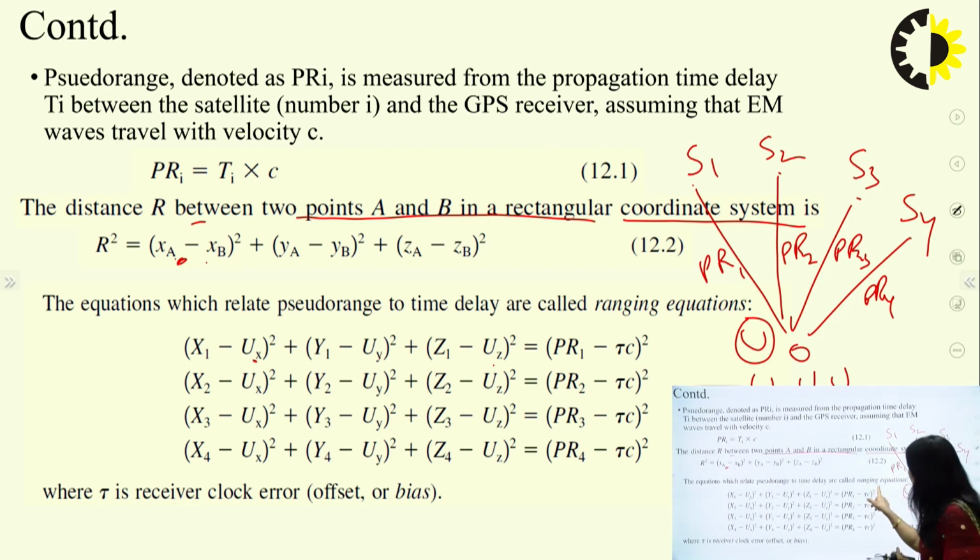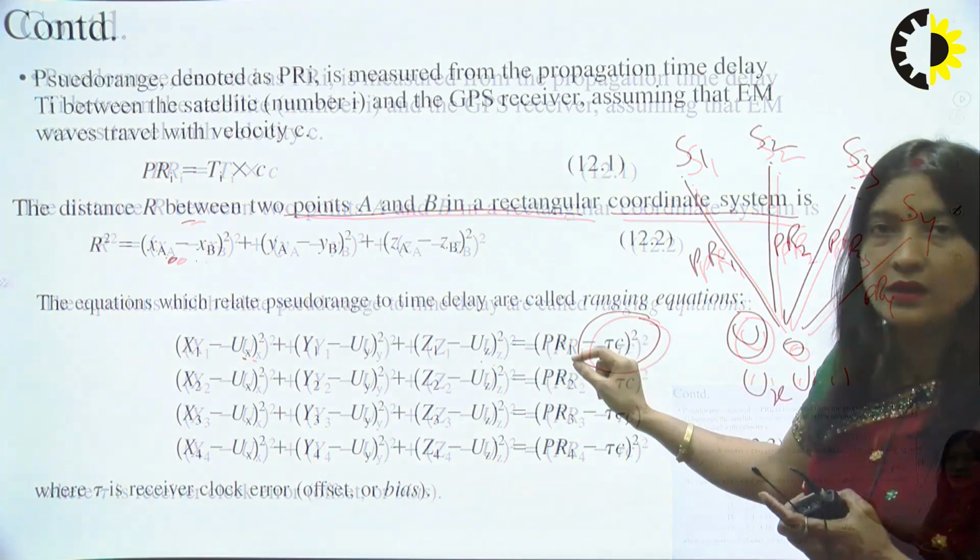But here one point is to be mentioned, which is the tau c. So this tau c is actually the offset error. So what is that offset error? Offset error is a slight difference between the clocks which are available on the satellite and the clocks which are there with the GPS receiver. These clocks are not calibrated with each other highly accurately, because there would be some error in these clocks.